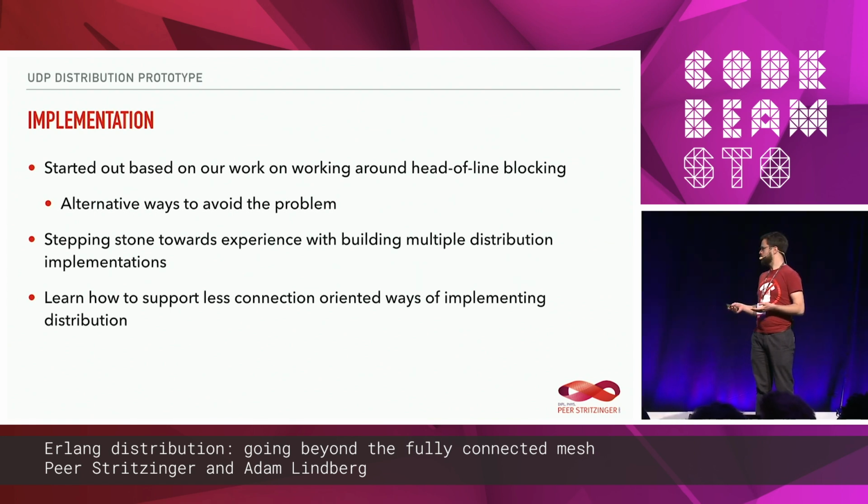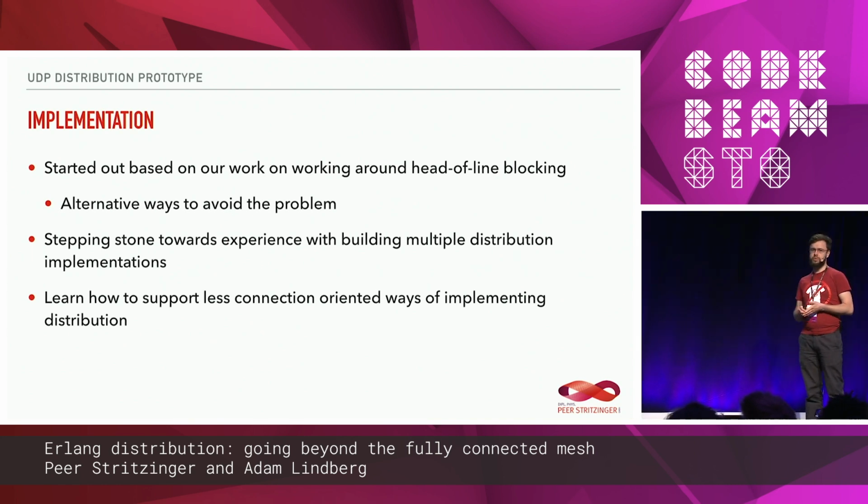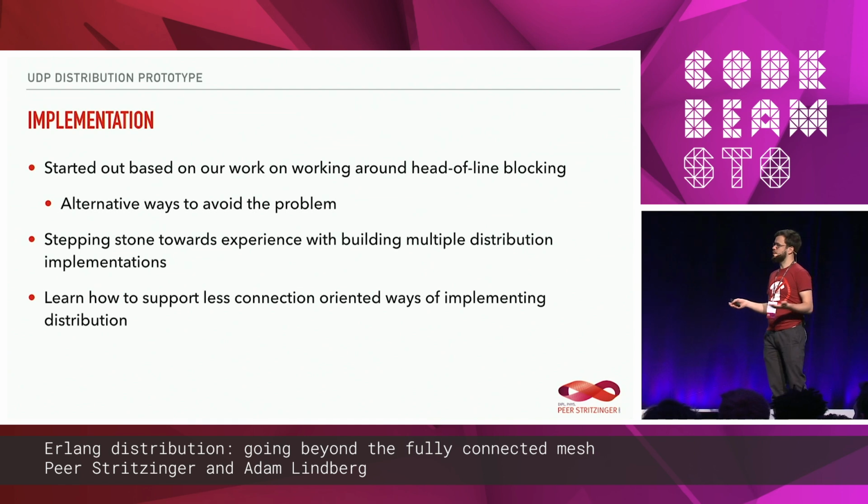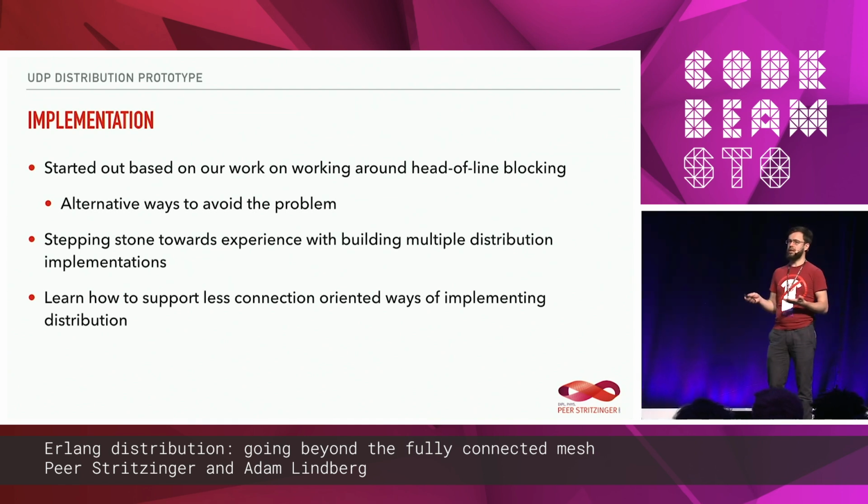This was 1-2 years ago. We had a TCP prototype implemented where we did this, and we wanted to experiment with other ways, where UDP was one of them. So instead of having long-running sessions like TCP connections, you would just flood a bunch of UDP packets, and things like head-of-line blocking wouldn't be a problem anymore.